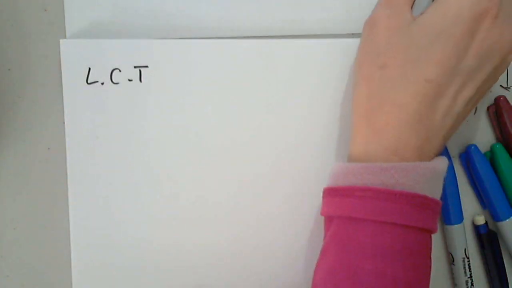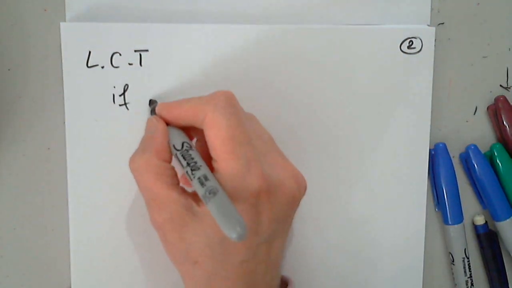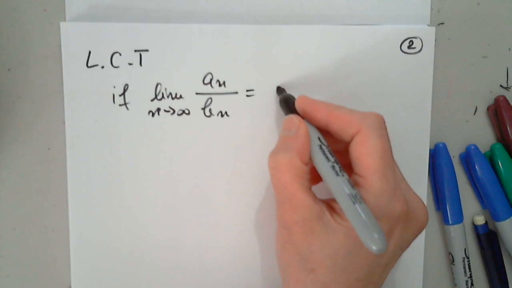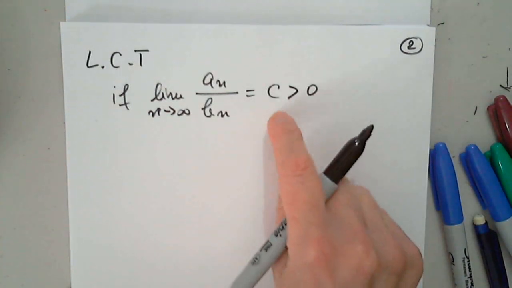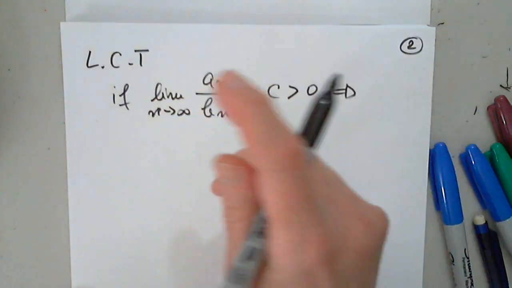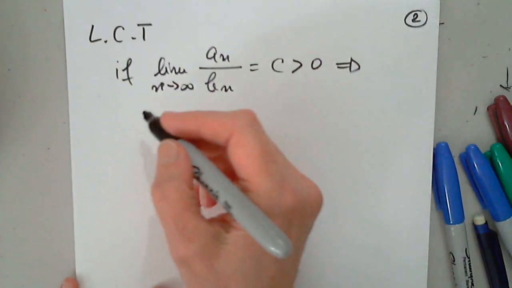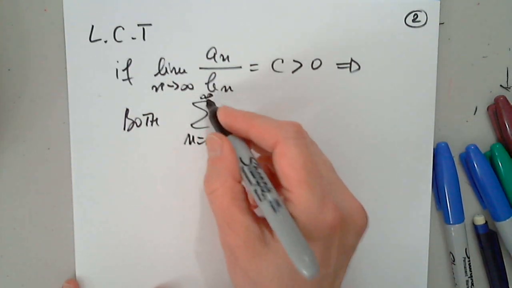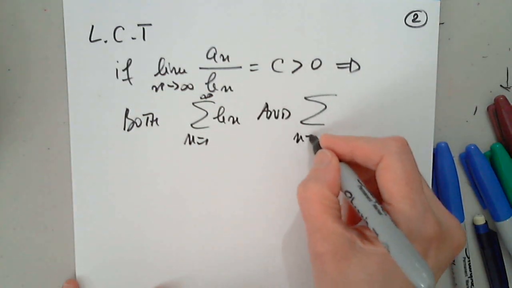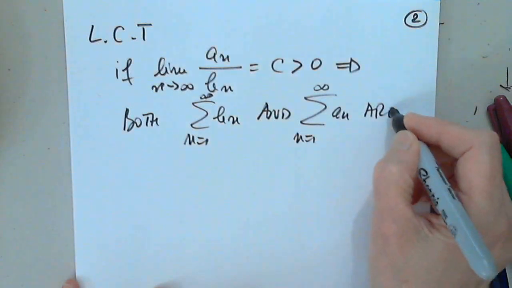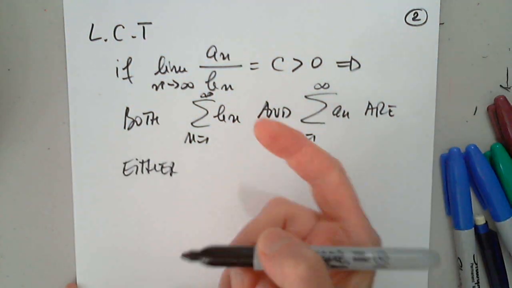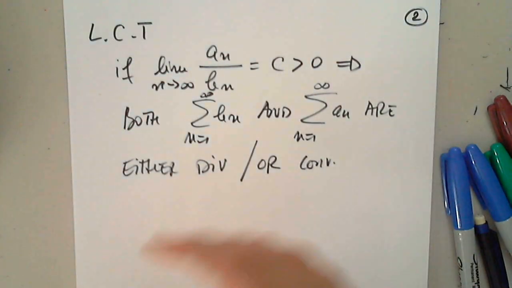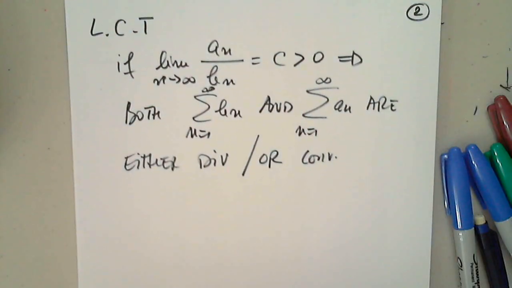If the limit of an over bn as n approaches infinity is a finite number greater than 0, not 0, then by the limit comparison test, both series are either both divergent or both convergent. So that's what the limit comparison test states.